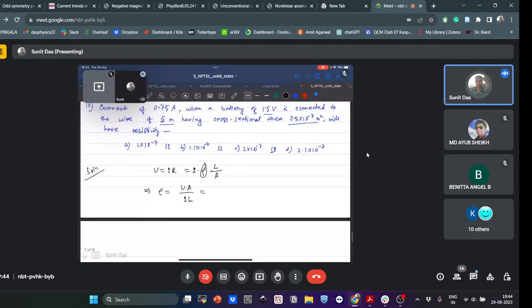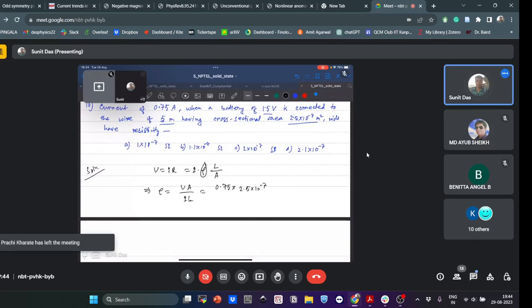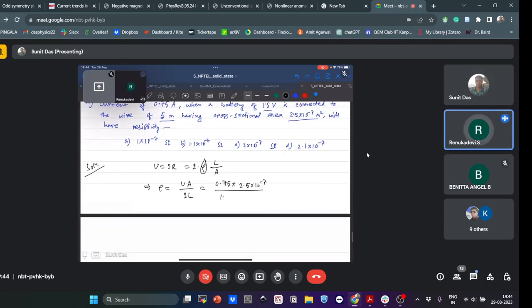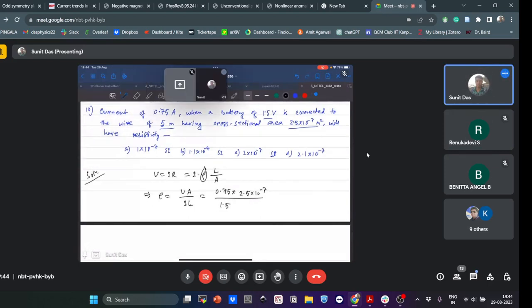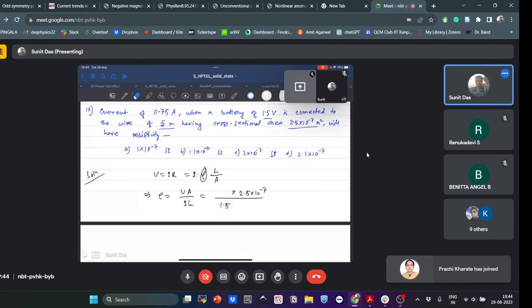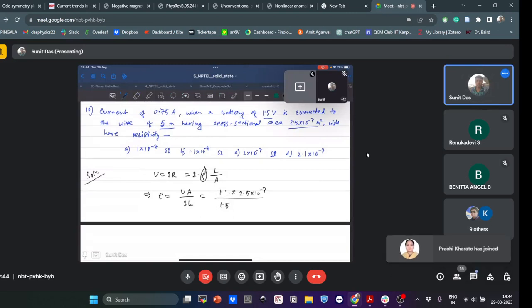So V is given as 1.5, sorry, and the current is 0.75.